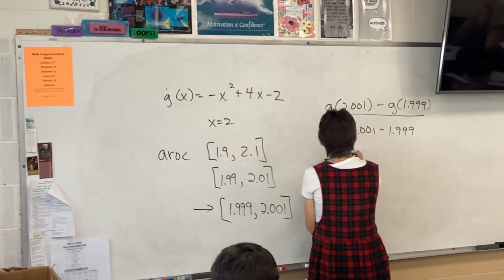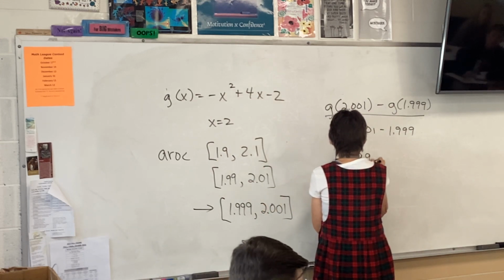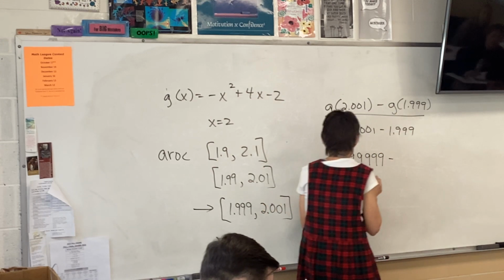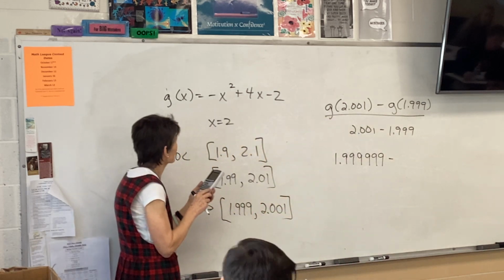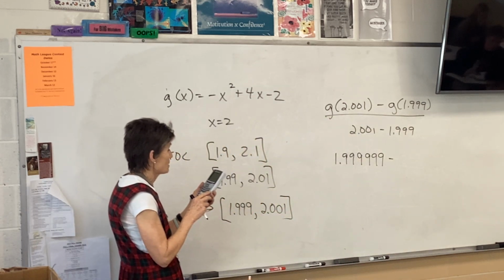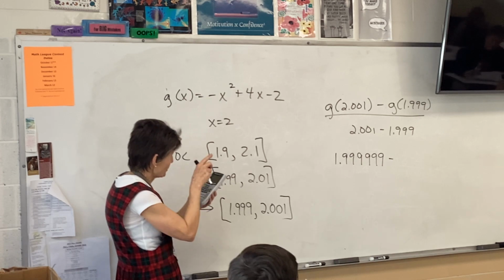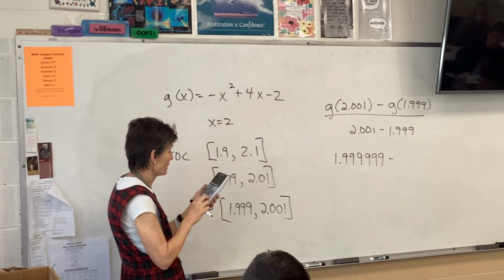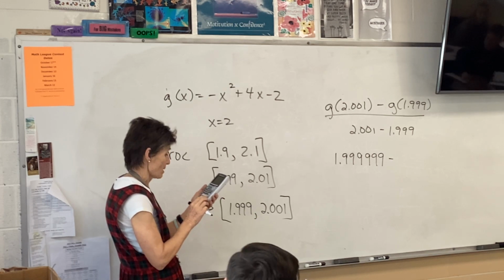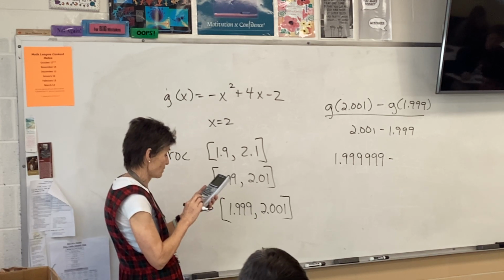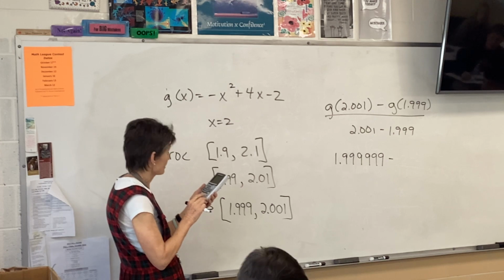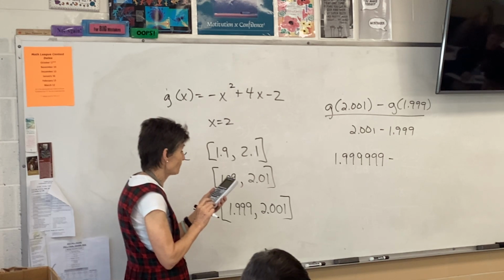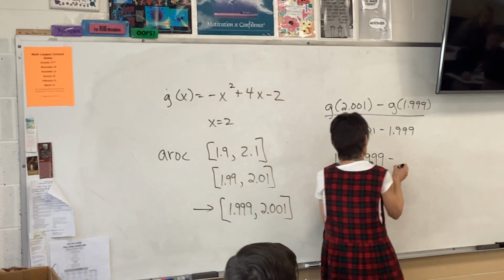Okay, so I got 1.999999. I hope I typed that in right. Anybody else get that? And then I'm going to do the other one, so negative 1.999 squared plus 4 times 1.999 minus 2.